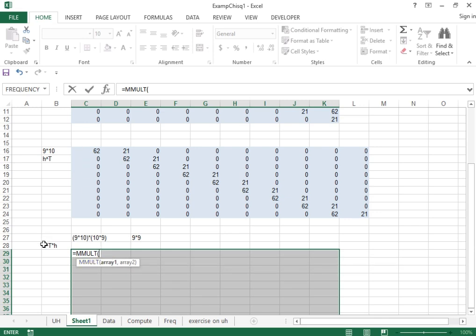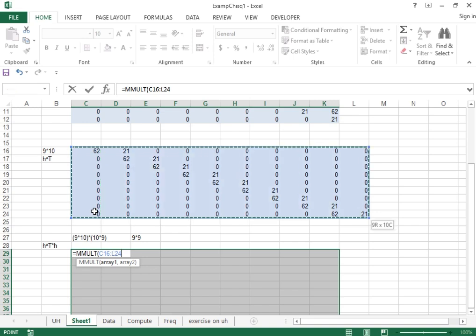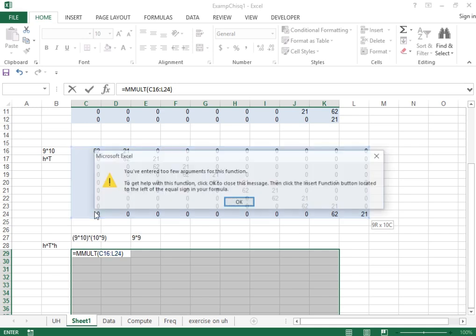The first one is H transpose, select that. Select in such a way, close the bracket, and in order to get the multiplied values at once, you should press Control and Shift, and at the same time say Enter.